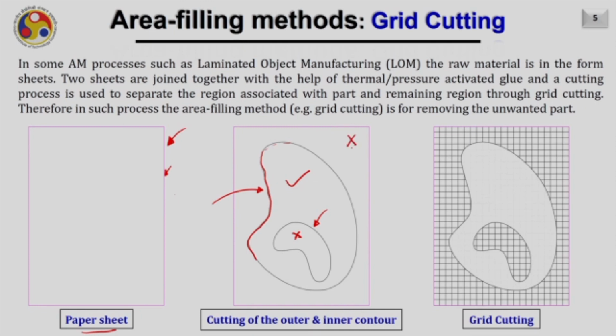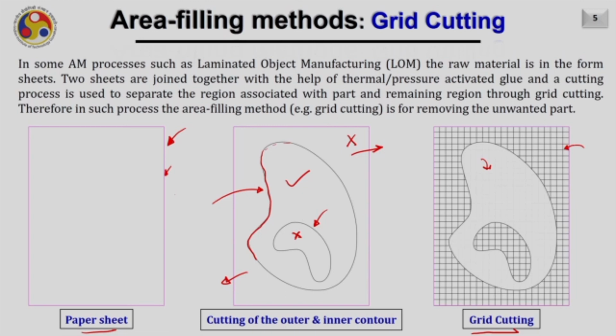Now the question is how to remove this portion also after completion of the part. For that, grid cutting is performed. So area filling in the case of laminated object manufacturing is quite different. We do not fill the area inside the slice. Instead, we fill the area which is not the part or which is not associated with the part.